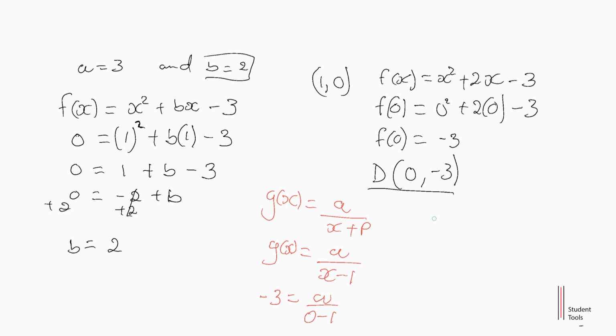And then this side we will have negative 3 equal to a over 0 minus 1, that is negative 1. So to solve for a, we will multiply with negative 1 on both sides. This will cancel this, and we will have negative 1 multiplied by negative 3, that is 3, equal to a. So a is equal to positive 3.